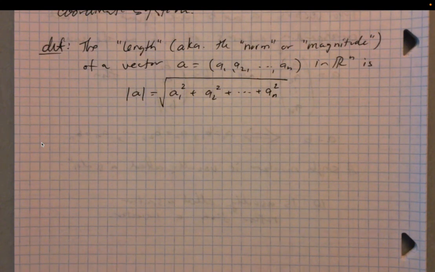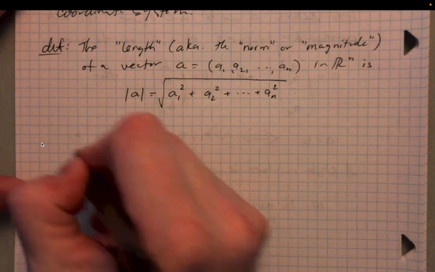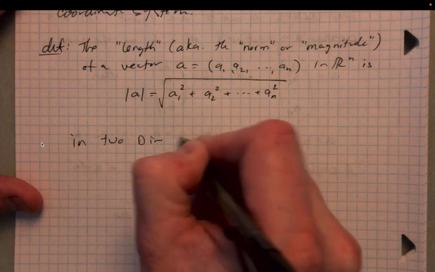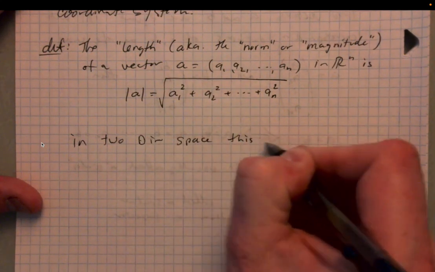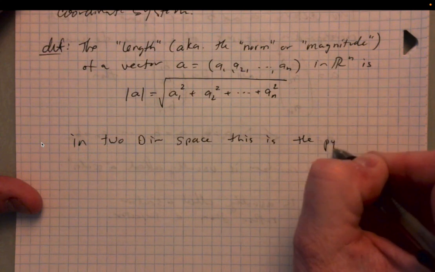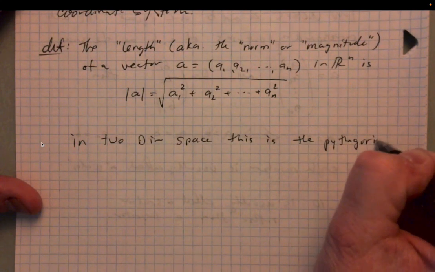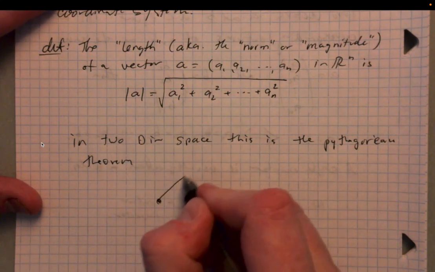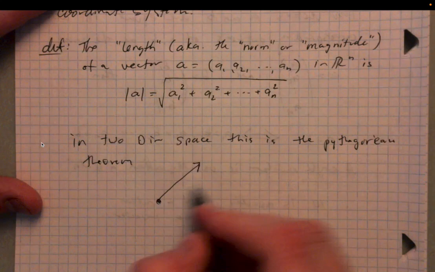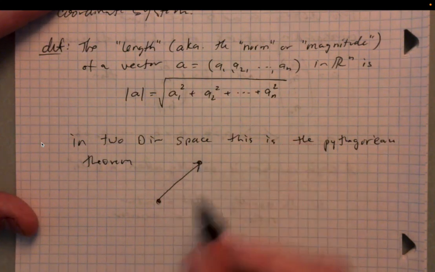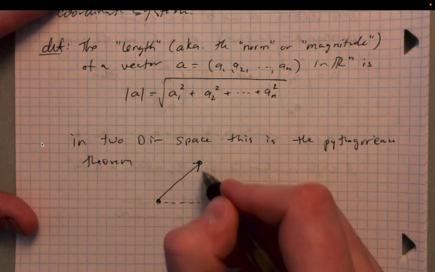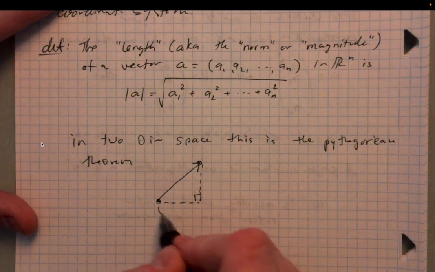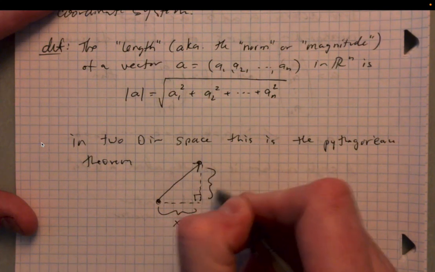Right? And you can clearly, if you think about this in two-dimensional space, right? This is the Pythagorean theorem. If I have some line, right, and I want to know the length of the line between 2 points, then I can identify a right triangle built off of that line. And this we sometimes call x, and this we sometimes call y.